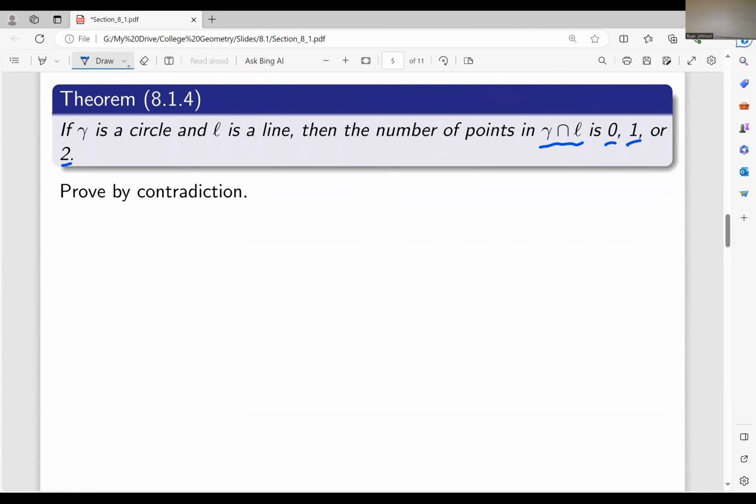So if we do a proof by contradiction, we might say, assume L intersect gamma includes at least 3 points, or just includes 3 distinct points.